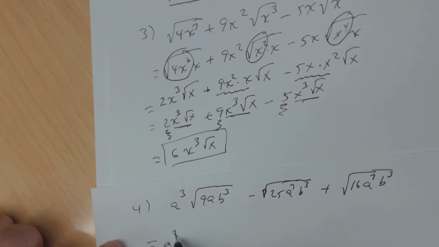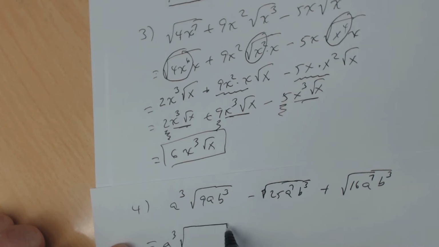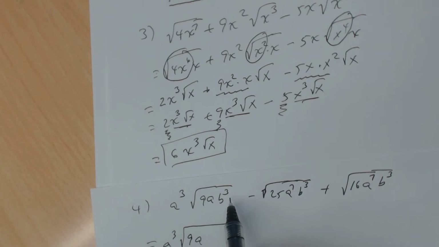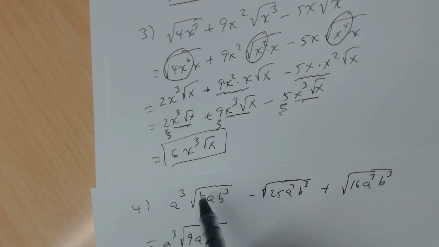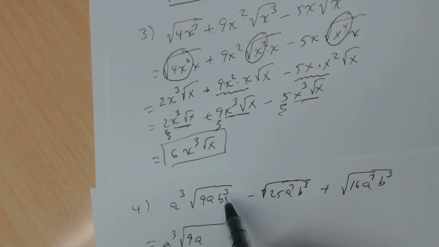So that's going to be a cubed. I'm going to rewrite this so that I get 9a, and then remember b cubed. You want to rewrite the variables with the odd exponents, because since the index is even, since x is 2, you want to use an even number.